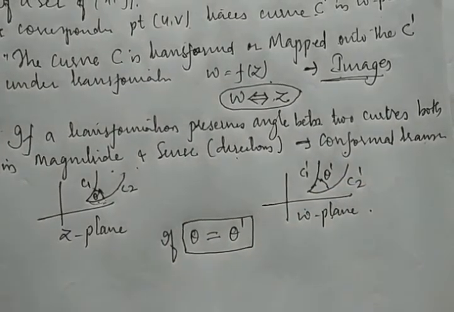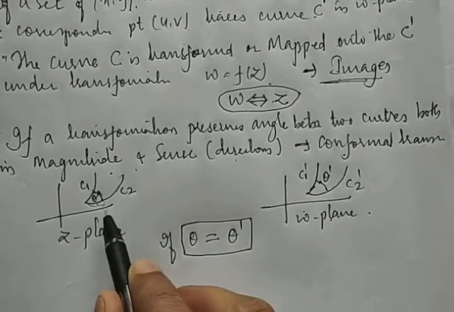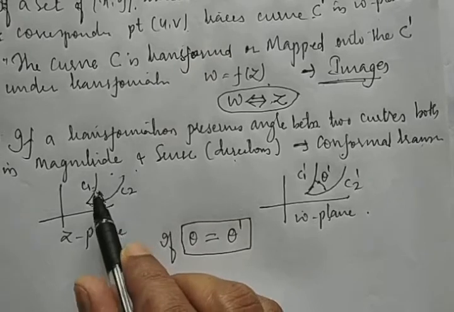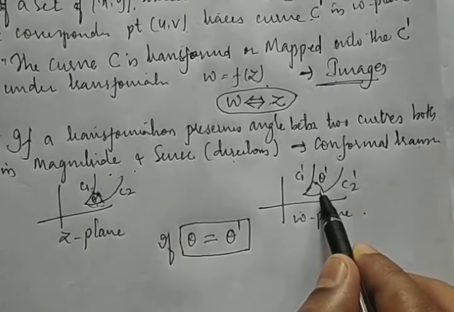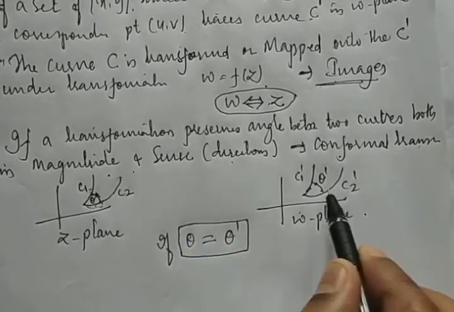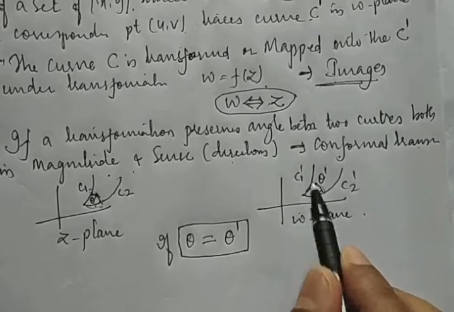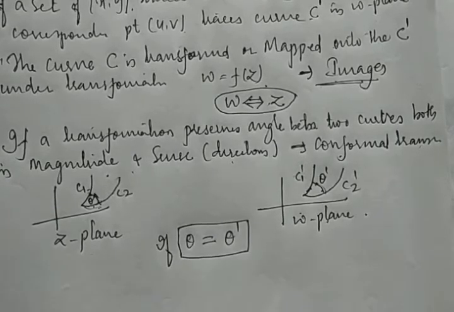For example, if the angle between these two is 45 degrees, here also it will be 45 degrees. That is the magnitude. Then the direction: if it is in this direction, here also it will be in the same direction. Therefore both magnitude and direction are the same between the angle of the two curves, so it is called a conformal transformation.